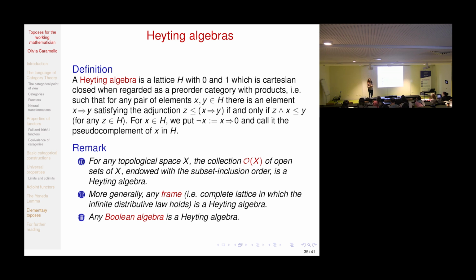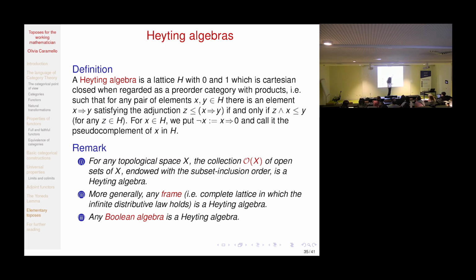The meet should be the bottom element and the join should be the top element. Now, in a Heyting algebra, you no longer have that. But you share most of the other features of Boolean algebras. In particular, as in the case of Boolean algebras, you have a notion of implication between elements, satisfying this adjunction.